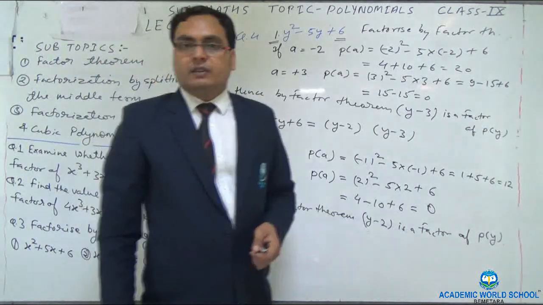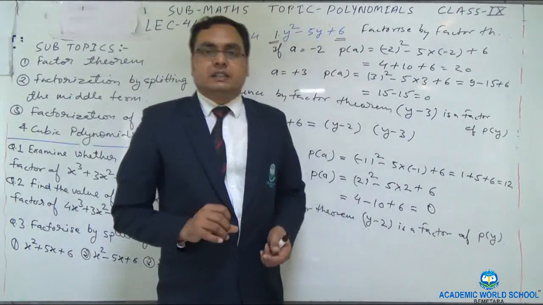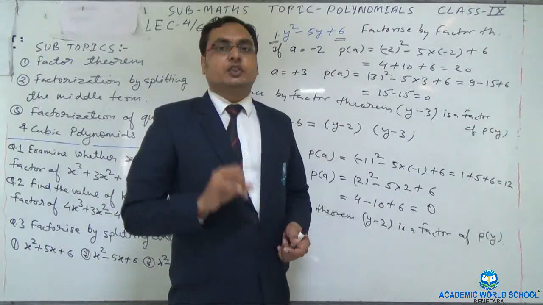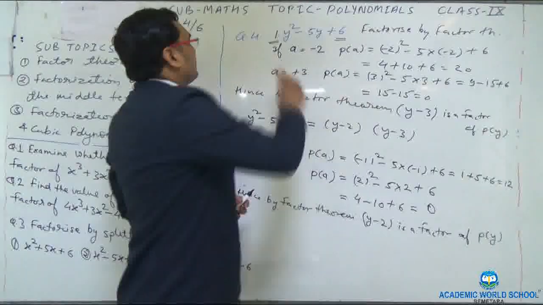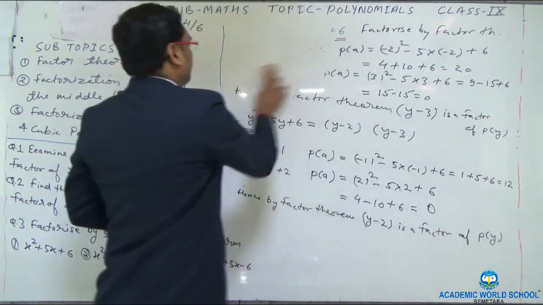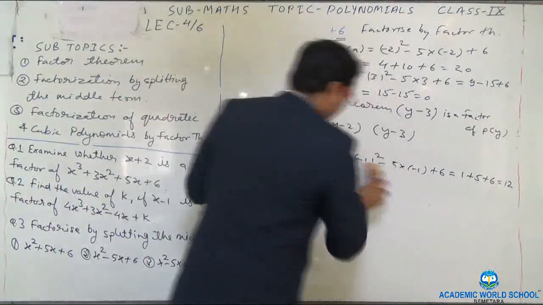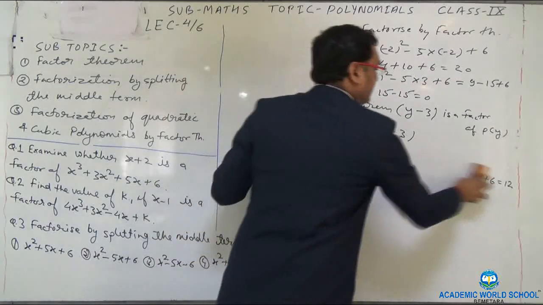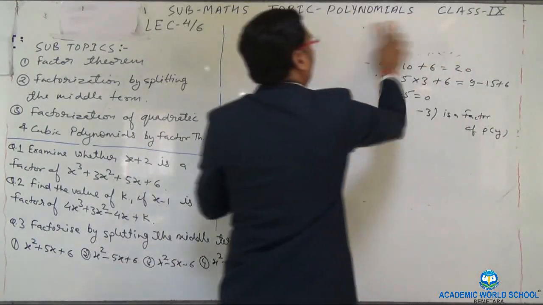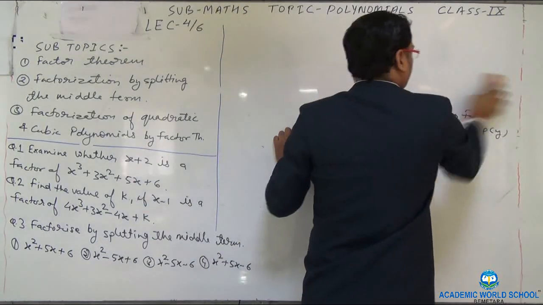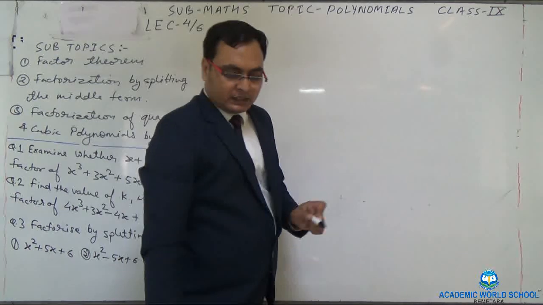Now one more topic is related here, that is the factorization of a cubic polynomial with the help of factor theorem. So we will discuss an example here, that is an example of a cubic polynomial, and that is the last topic related to this factor theorem.